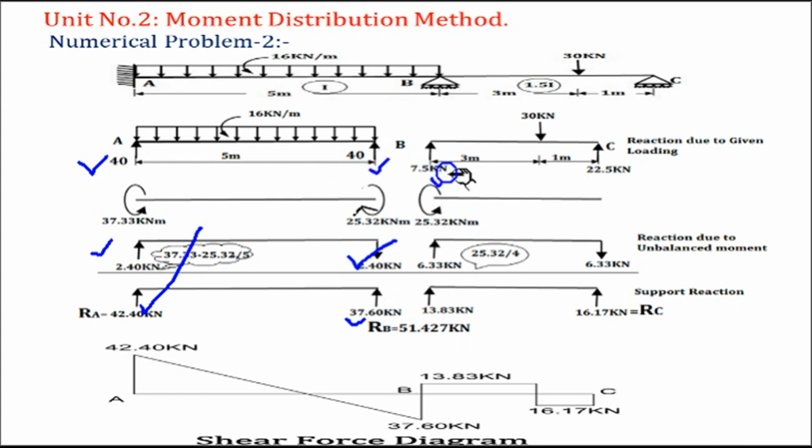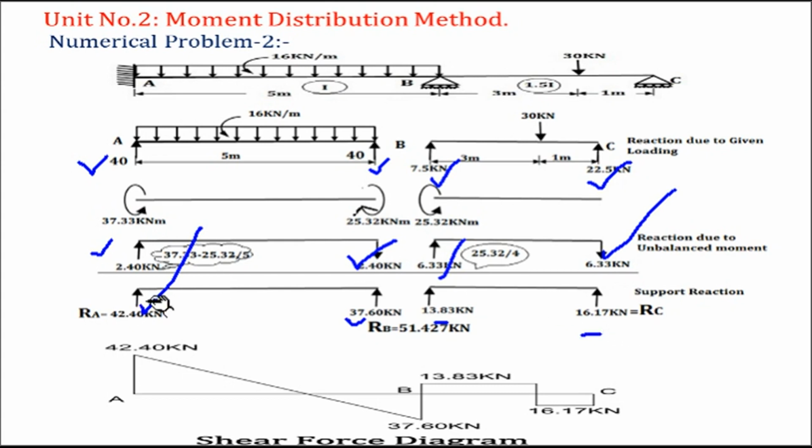Next, force 7.5 kilonewton up plus 6.33 kilonewton, so total is 13.83 kilonewton up. Next is plus 22.5 kilonewton minus 6.33 kilonewton, so total is 16.17 kilonewton up.